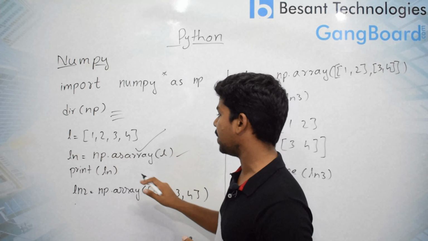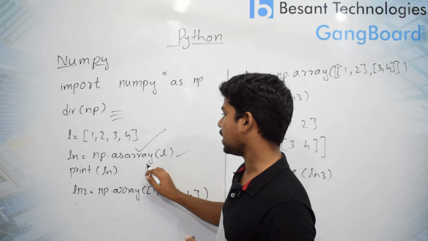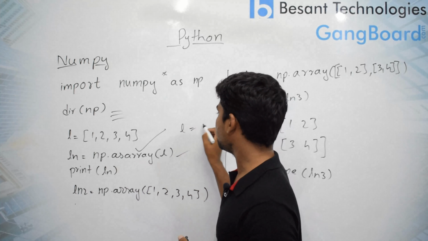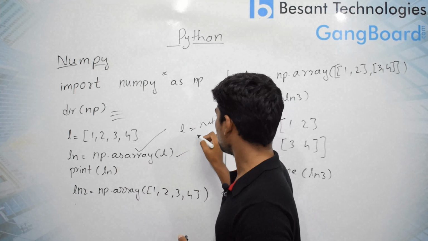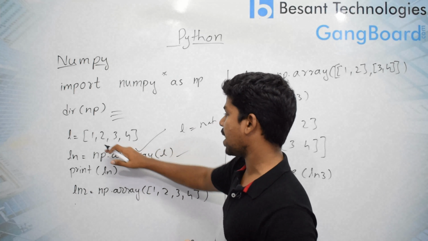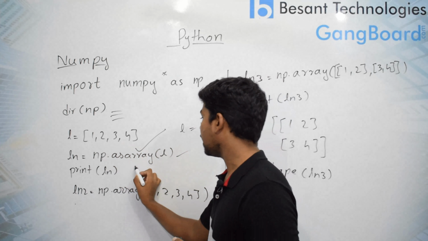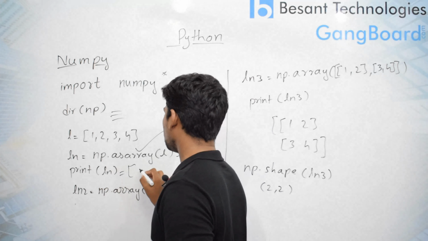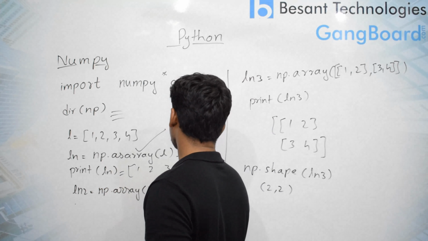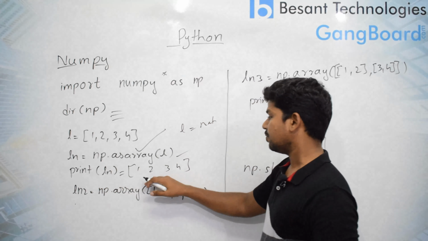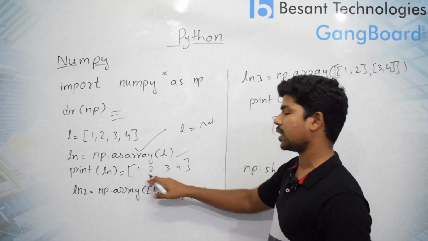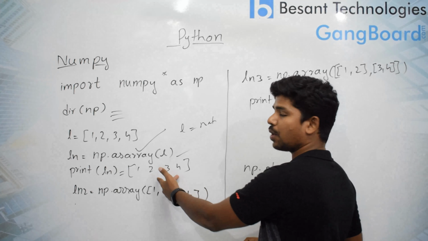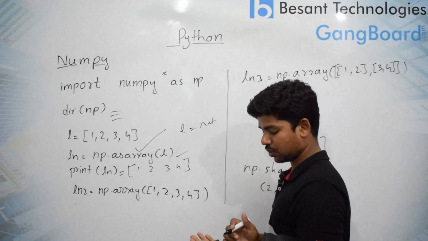We have a method under np, that is asarray, which will convert a list into a matrix. Here it is a one dimensional matrix, so you are going to get a single dimensional matrix. When you print ln, the output will be with spaces, no commas, no quotations, nothing. So it is equivalent to a matrix with 4 different values.